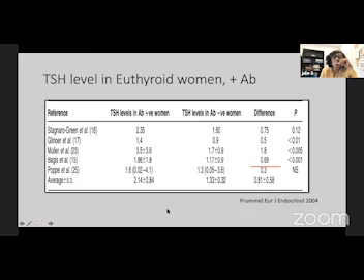It's only 0.8 plus or minus 0.58, so it's a very small change in TSH. So the question is, is it TSH that's the reason for this change?